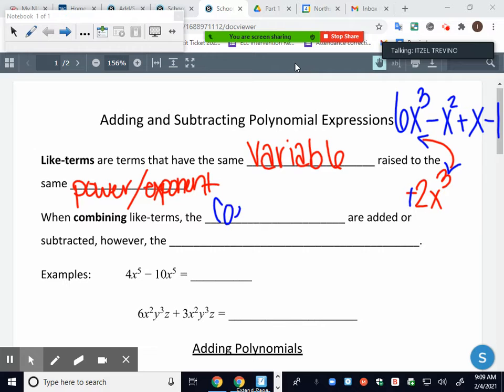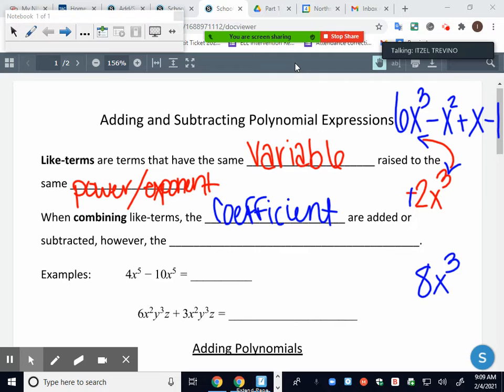So if I do 6x cubed plus 2x cubed, 6 plus 2 gives me 8. And my variable with the exponent stays the same.